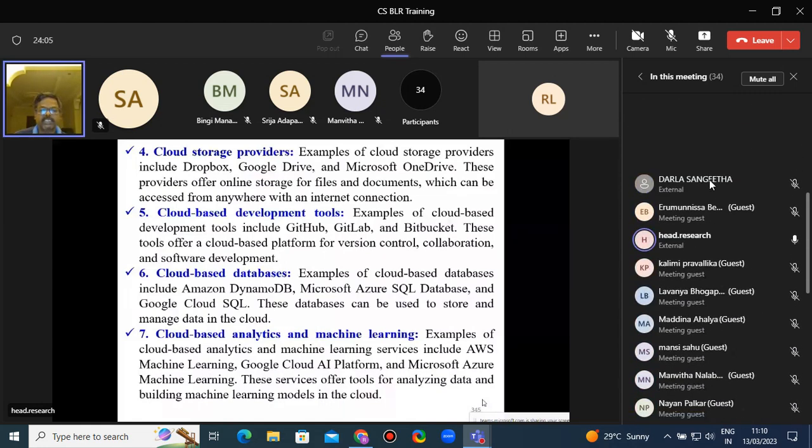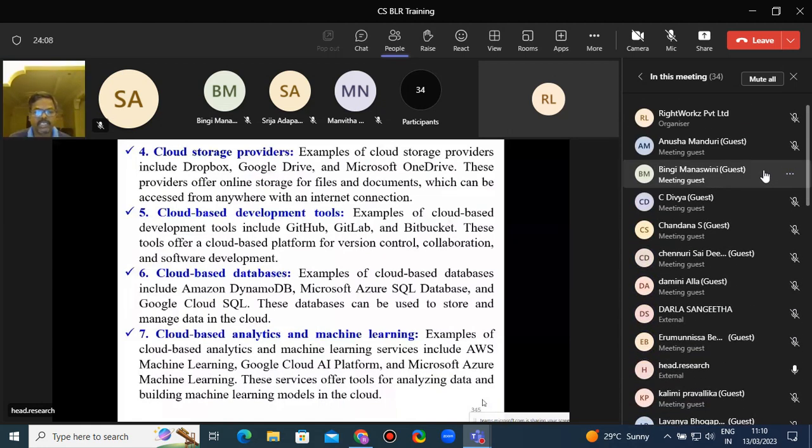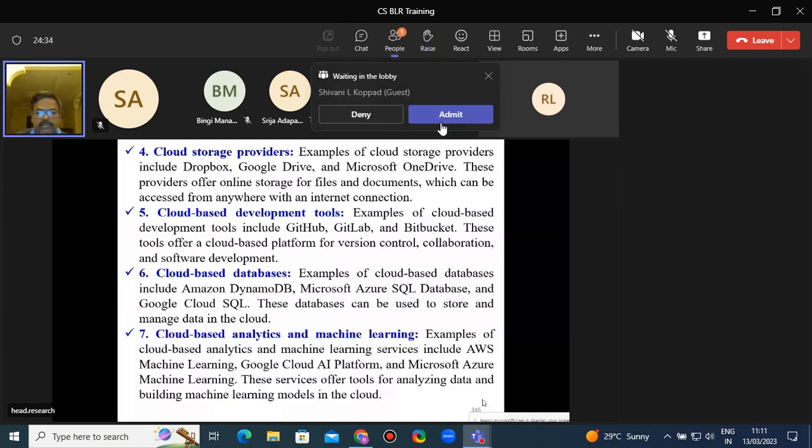Cloud-based databases. Examples of cloud-based databases include Amazon DynamoDB, Microsoft Azure SQL Database, and Google Cloud SQL. These databases can be used to store and manage data in the cloud. Cloud-based analytics and machine learning. Examples of cloud-based analytics and machine learning services include Amazon Web Services machine learning, Google Cloud AI Platform, artificial intelligence platform, and Microsoft Azure machine learning.